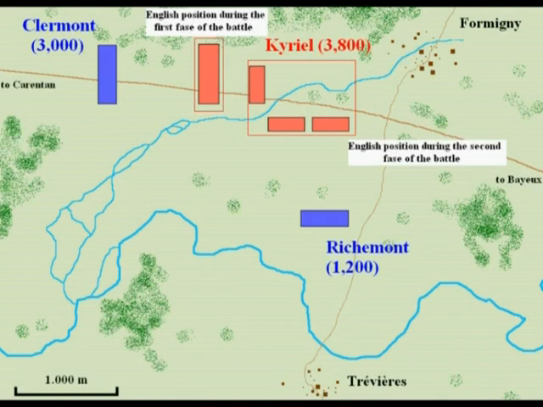They basically entrench, and it's interesting because it seems that the English didn't know that Richmond's army was to arrive.